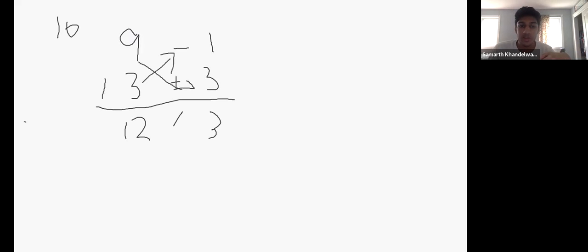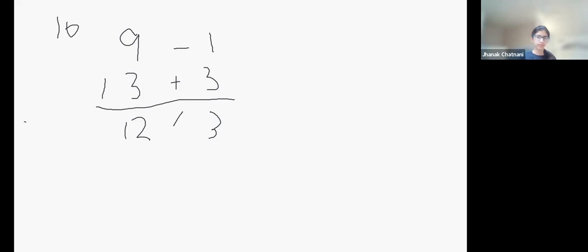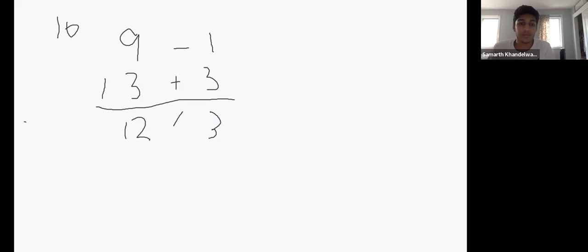However, this step is where we have a difference, right? Because now we have a minus 1 times a plus 3. Does anybody know what we get when we take a negative number and multiply it by a positive number? Yes, Janak? So it's a negative 3. So there's a negative 3 here. So now the question is, what do we do in this scenario?